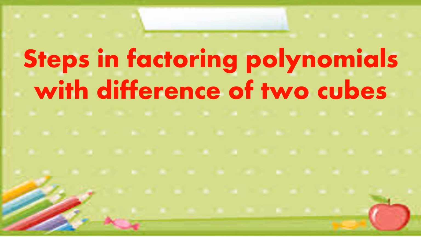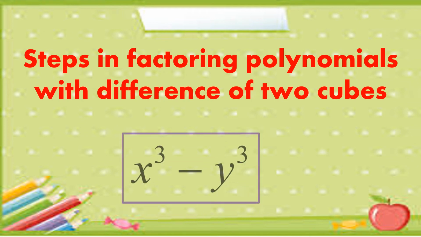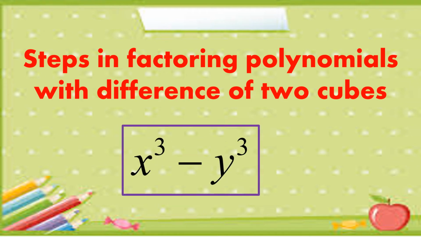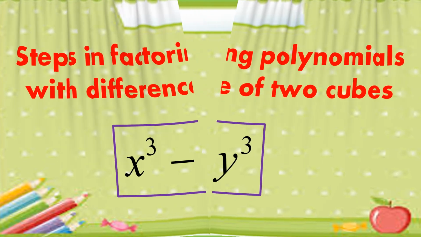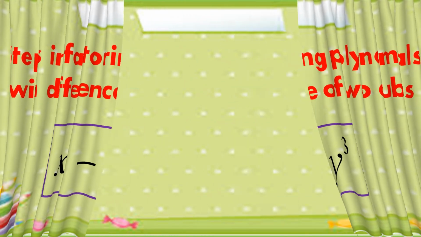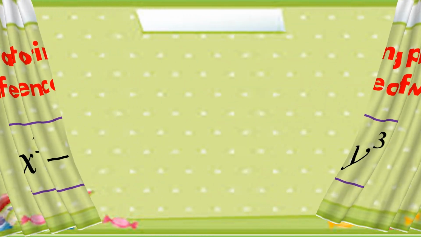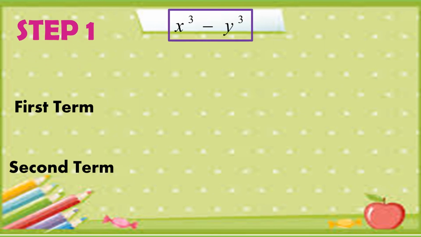Steps in factoring polynomials with difference of two cubes. For example, we have x cubed minus y cubed. Step 1. Identify the first and second term.